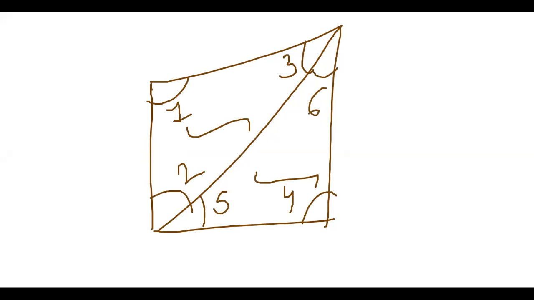As I know the angle sum property of a triangle, the sum of three angles is 180 degrees. So the three angles sum to 180, and the other three angles sum to 180, because both are triangles. Add both and we get 360. So the sum of angles of a quadrilateral is 360 degrees.